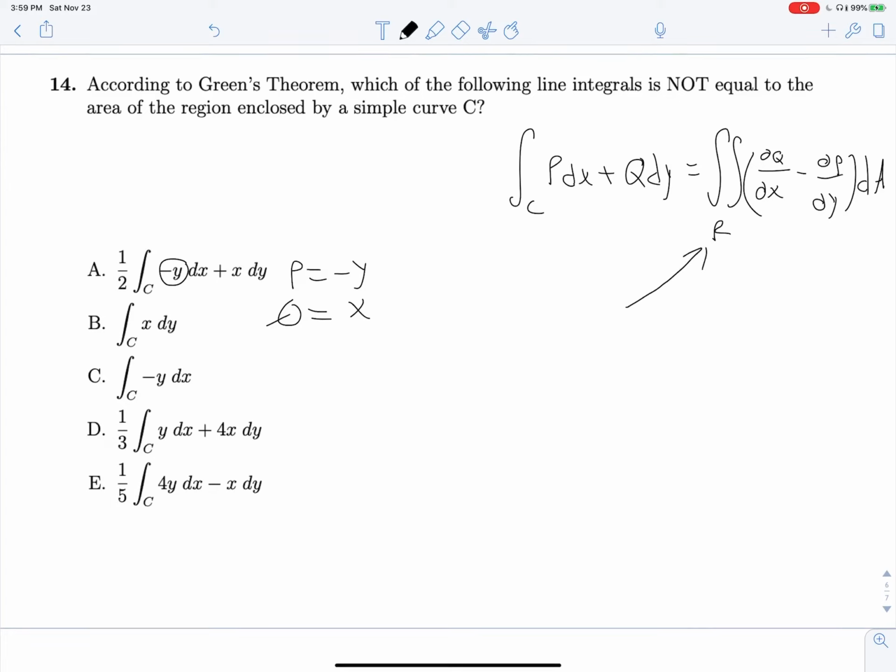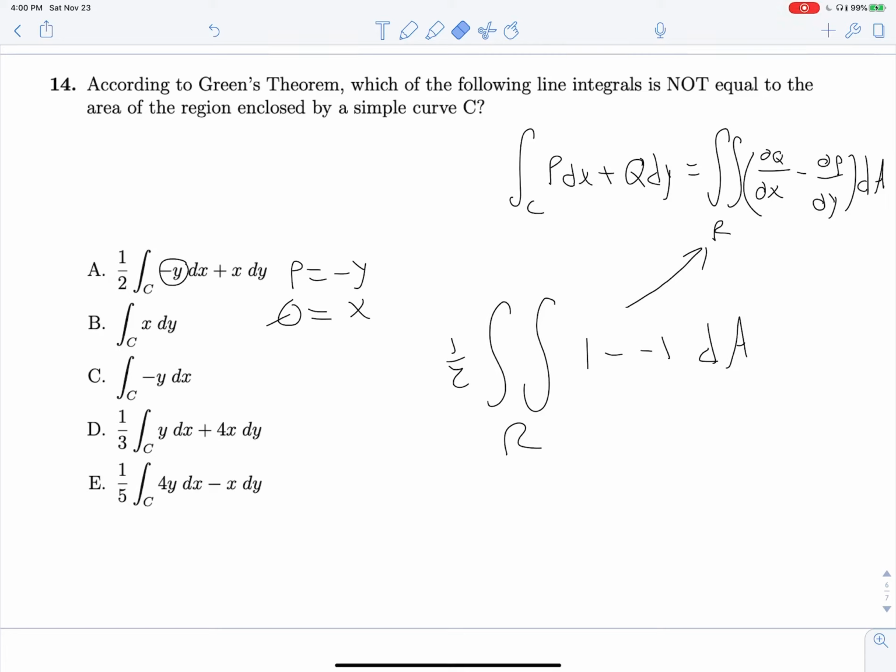So going over here, partial Q partial x is going to be 1 minus negative y dy, which is going to be negative 1. And then we have the double integral of r dA, and we have a 1/2. Actually, I do get why this makes sense, because sometimes it just clicks for me.